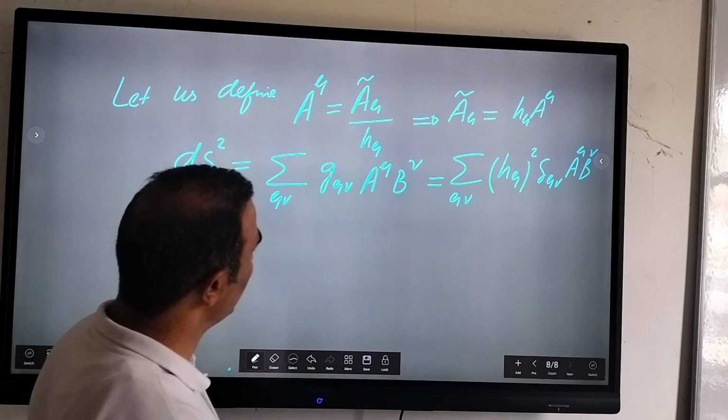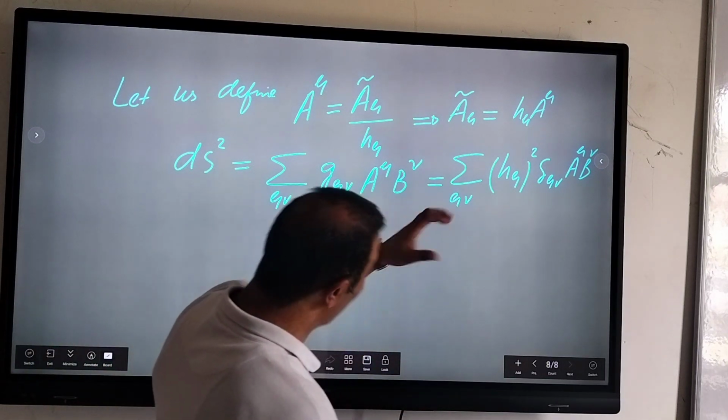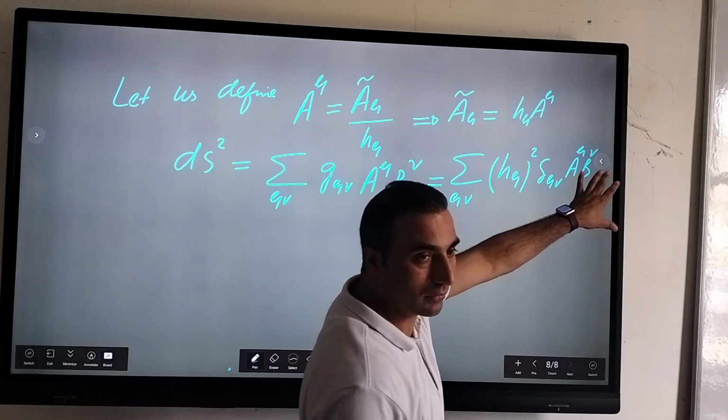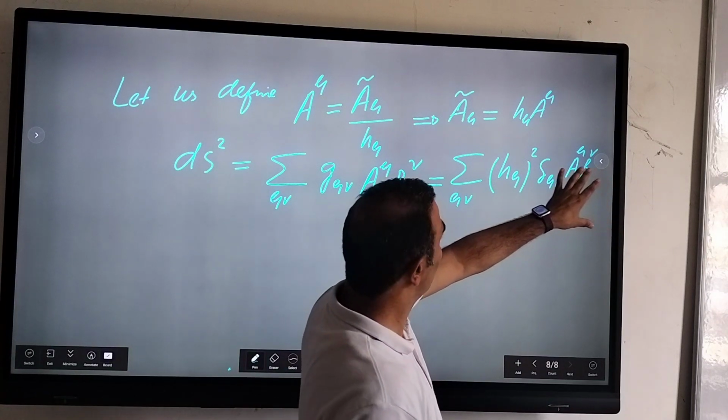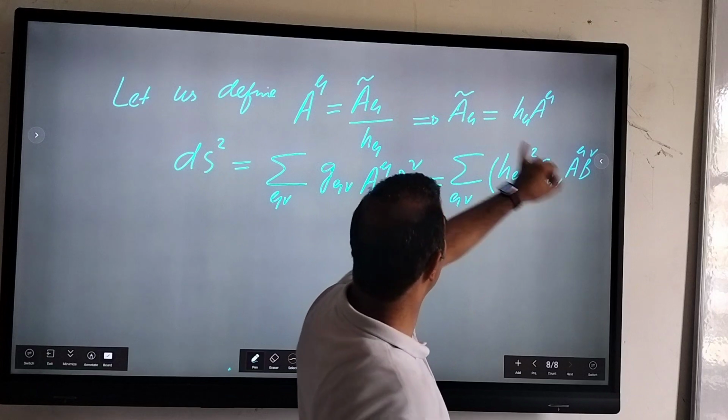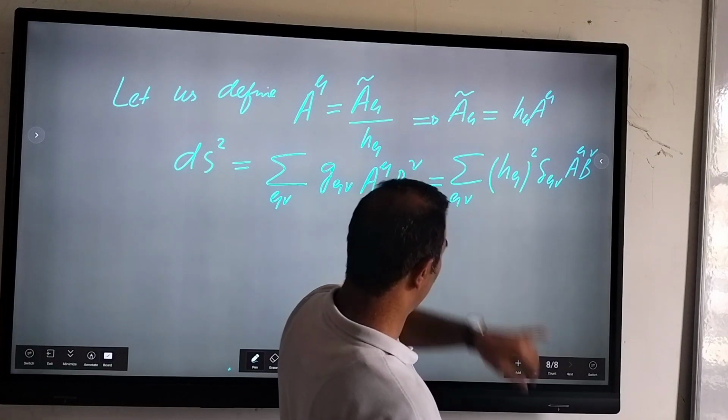So this is very clear, right? Or you can write this as, because this is the one that defines a contravariant vector. So using this definition, you can write this a mu in terms of this one and that b mu in terms of this one, right?